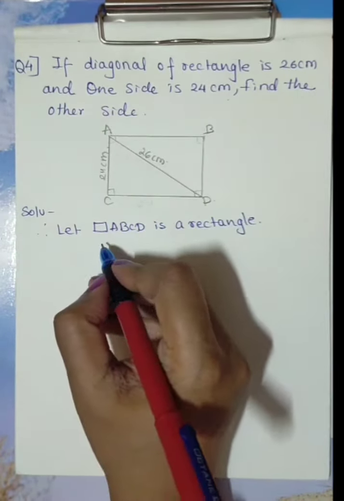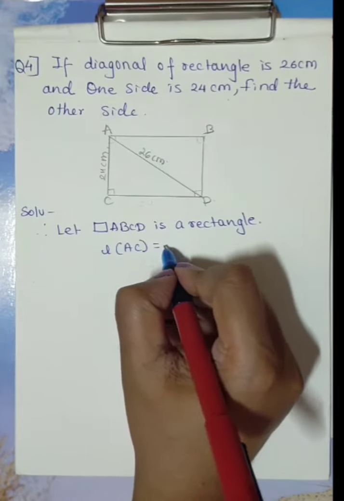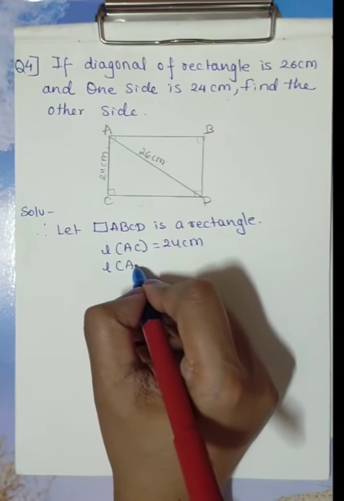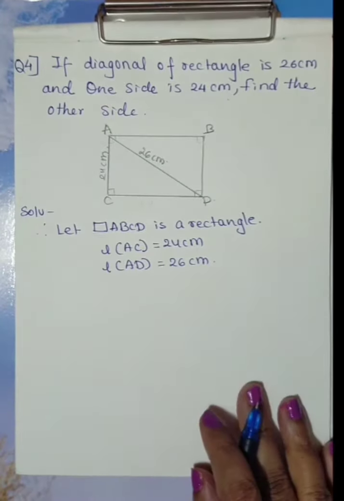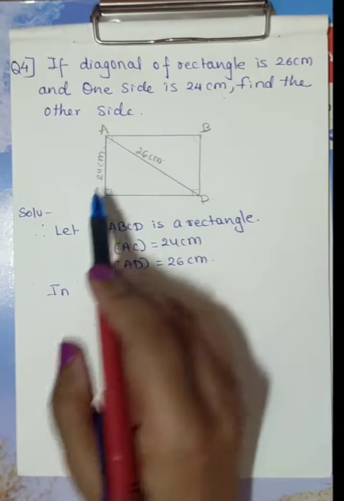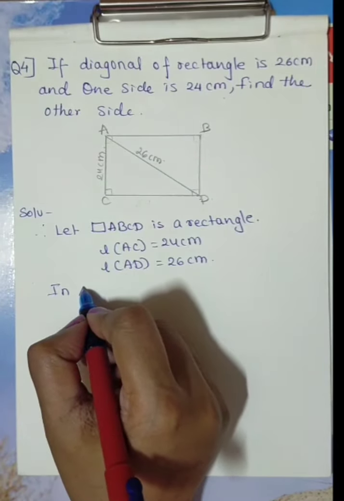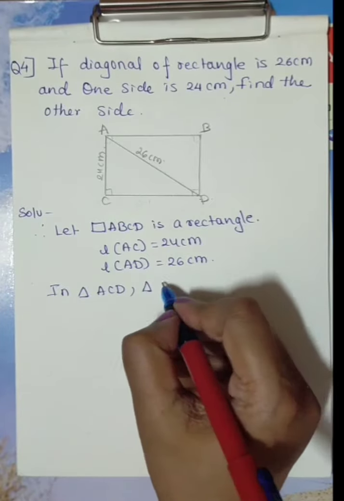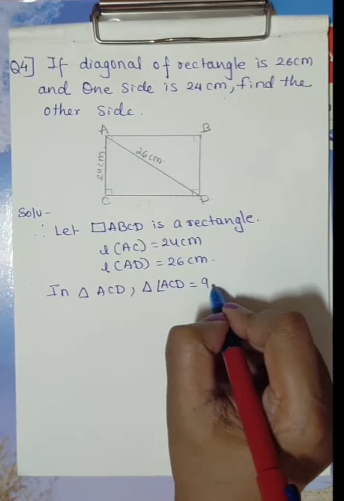Okay, now here length AC is equal to 24 centimeter and length AD is equal to 26 centimeter. Okay, now we are going to use Pythagoras theorem in triangle ACD. So I am taking triangle ACD, angle ACD is equal to 90 degree.